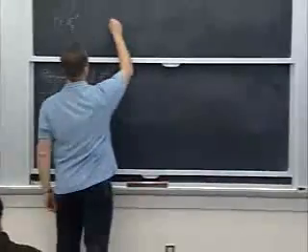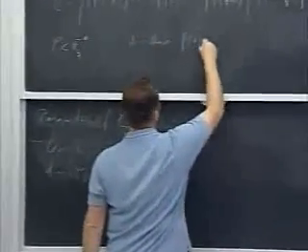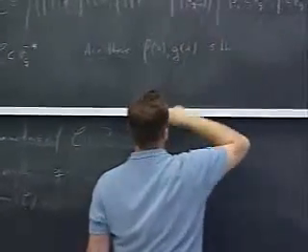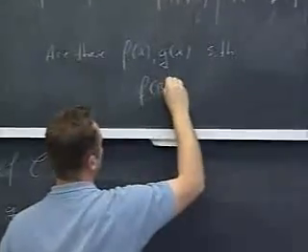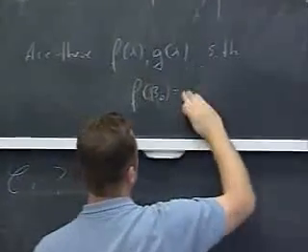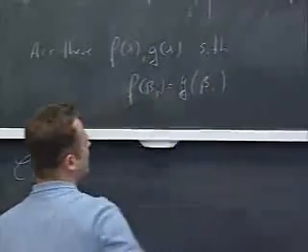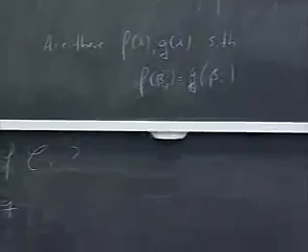So, are there f(x), g(x), such that f(beta_i) equals g(beta_i), so that they coincide in all positions? No, then they would be the same.